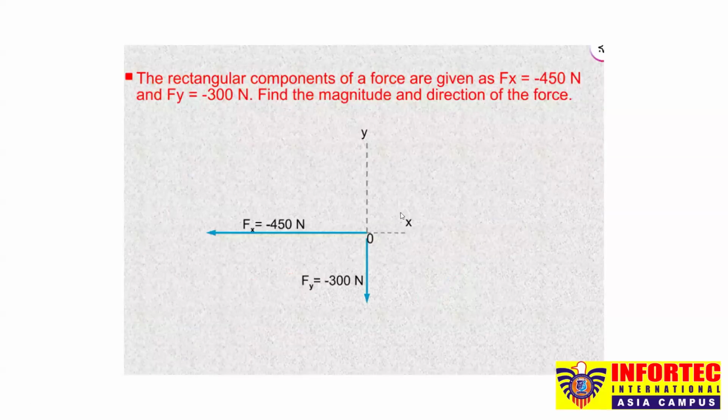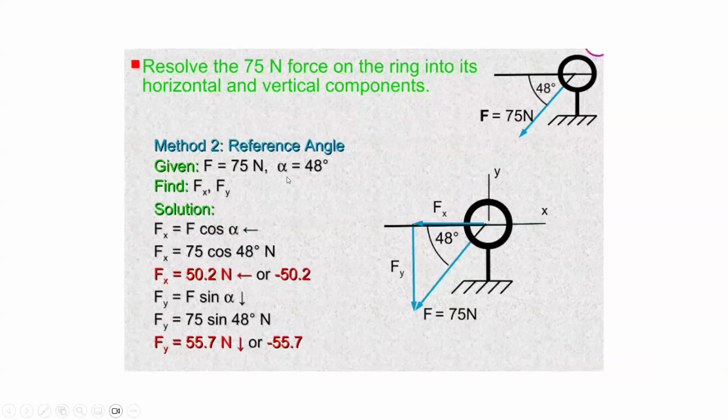Then here you can see, the first question we discussed was how to convert a given force into horizontal and vertical components, right? The important thing is direction. Direction is important. Consider the direction.